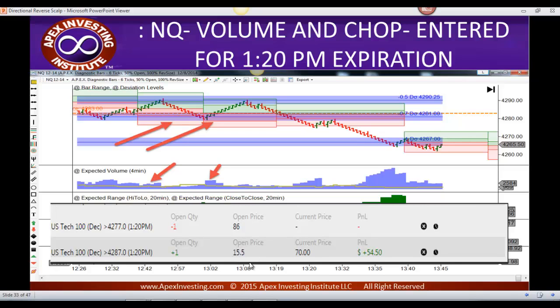So I put up a total of $30 risk, and at this point I could have closed out for $54 profit. Because I'd have lost the 14 here, but I would have got this 15 back plus the 54 because I bought up here and the market went up there. And you can see that's the 120 expiration there.